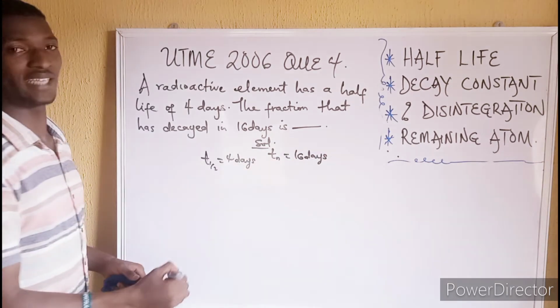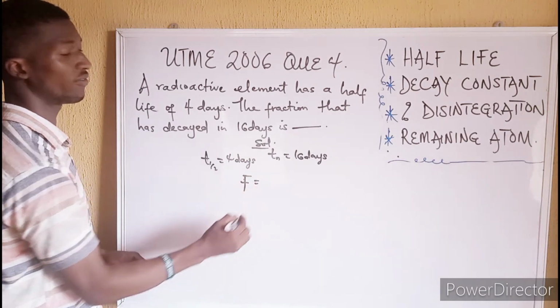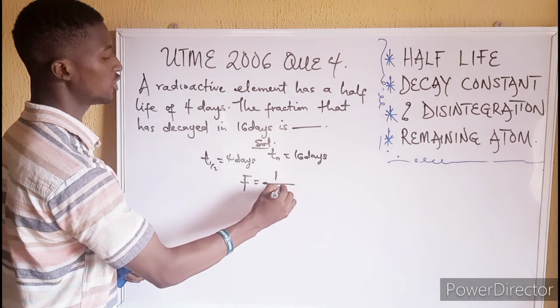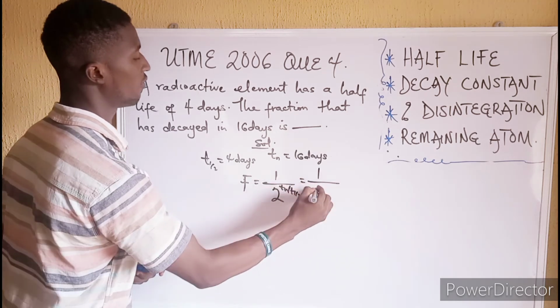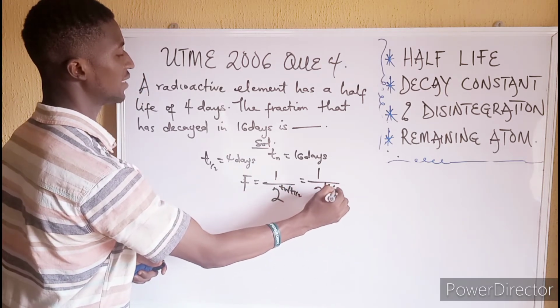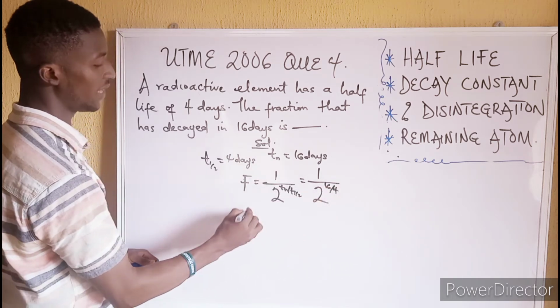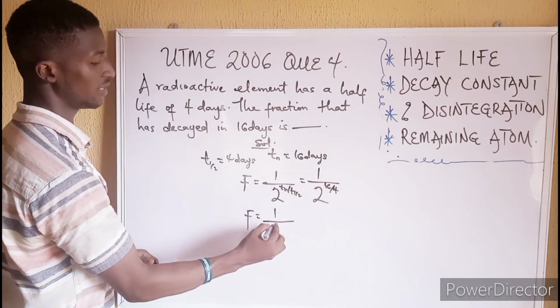Now what they ask us to determine is the fraction that disintegrated, and I've told you that fraction of disintegration is equal to 1/2 raised to power Tn divided by T half. So here we have it to be 1/2 raised to power Tn is 16 and T half, which is your half-life, is 4. So we have it that fraction of disintegration is 1/4 divided by 16 is 4.